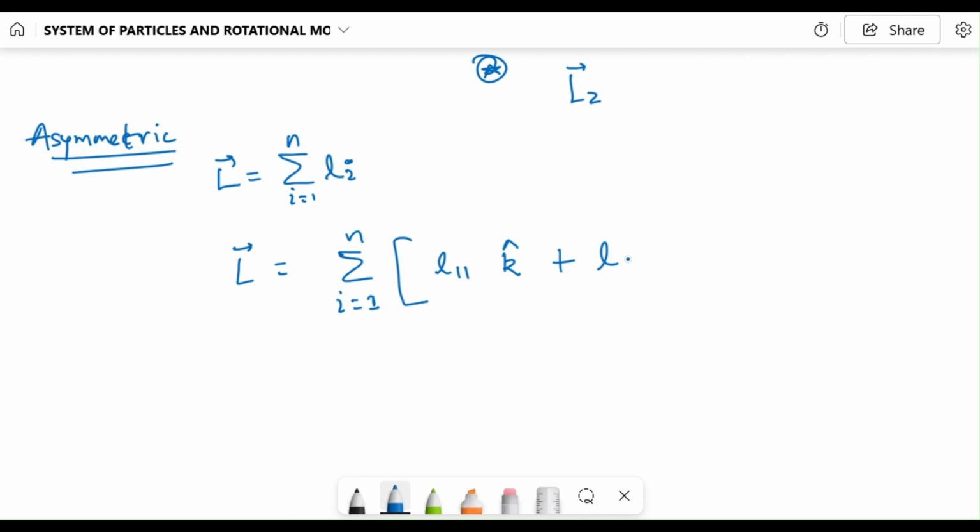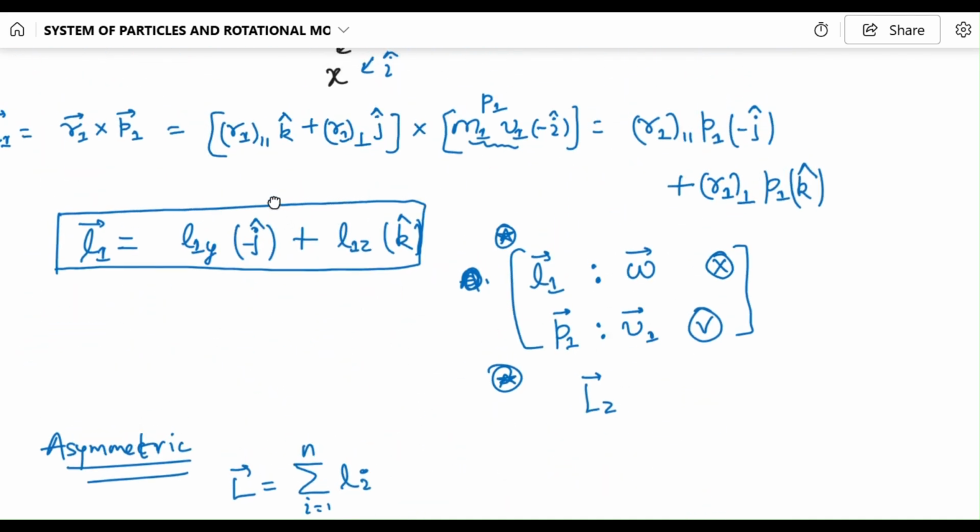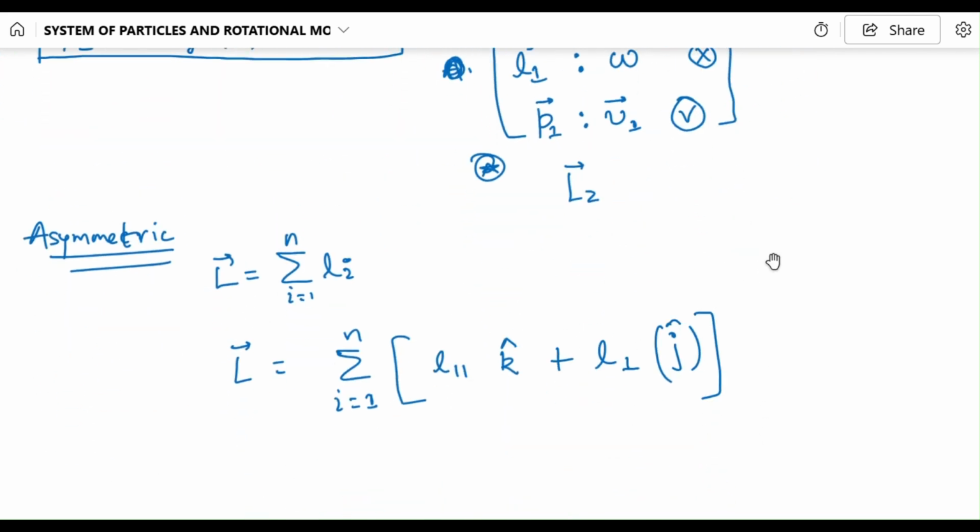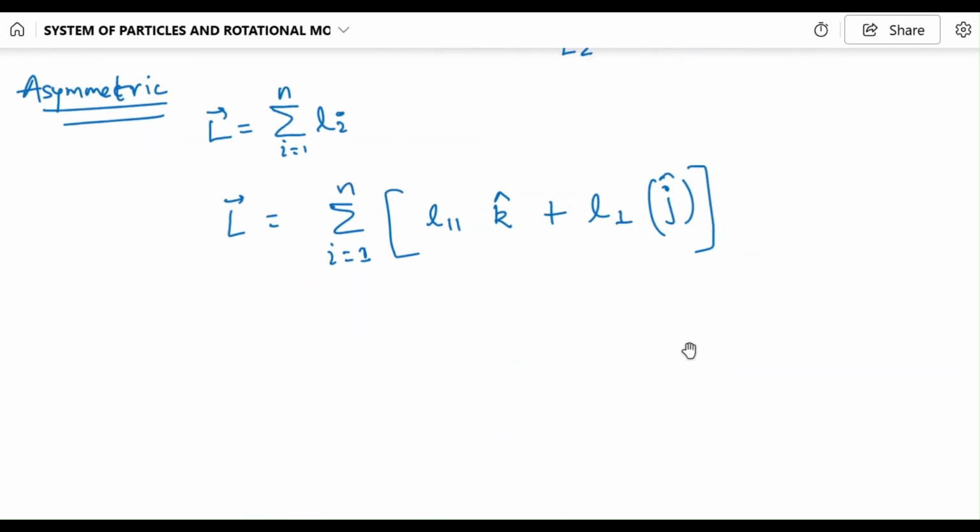And there will be a perpendicular component which will be along j cap or minus j cap, based on the net angular momentum after adding all these components for each and every particle in revolution. So we will have these two things in the case of angular momentum.